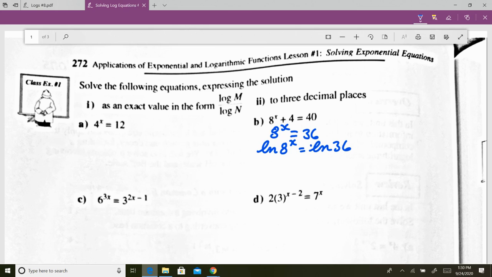And as soon as you do that, what happens to that x? It goes boom, falls down. So I drop the x down. And then to solve for x, I do what? Divide it off.